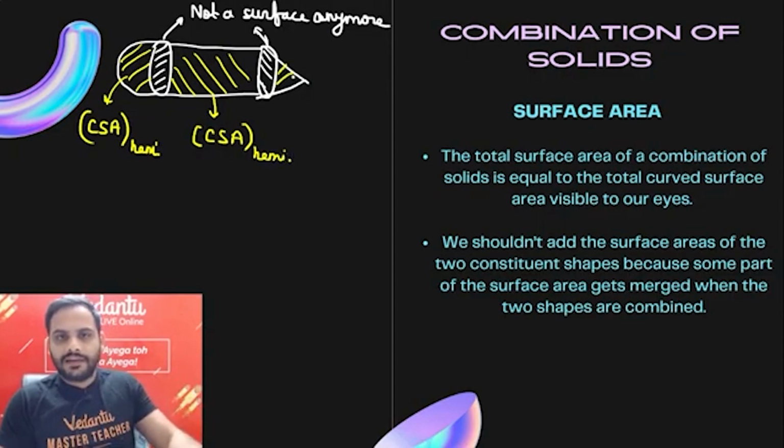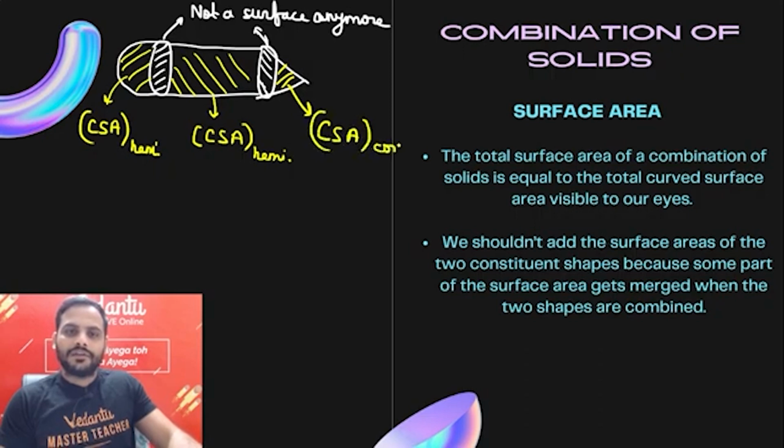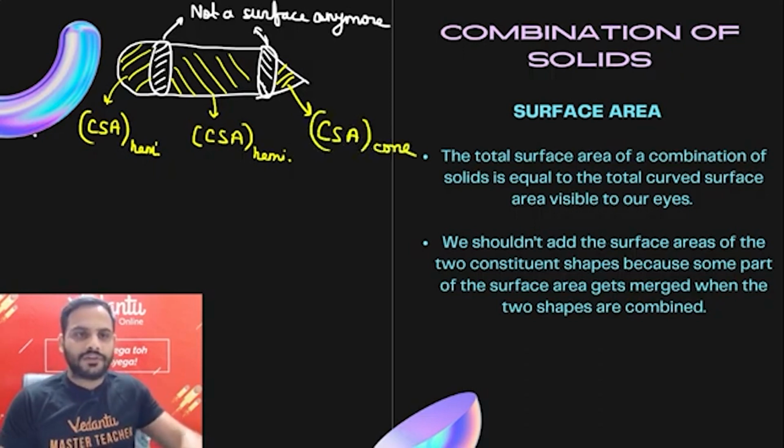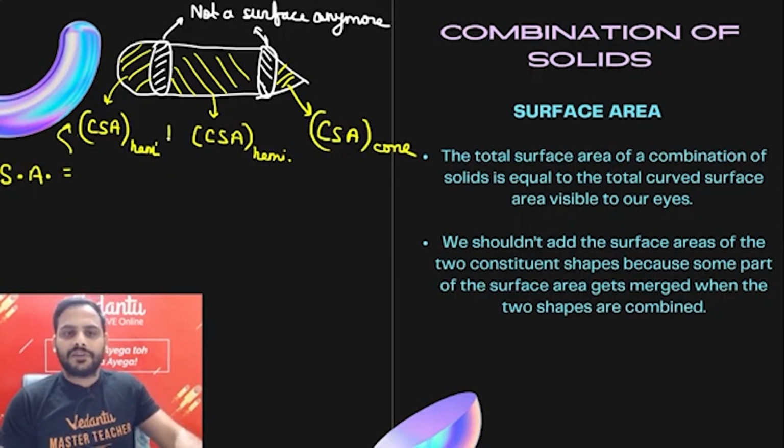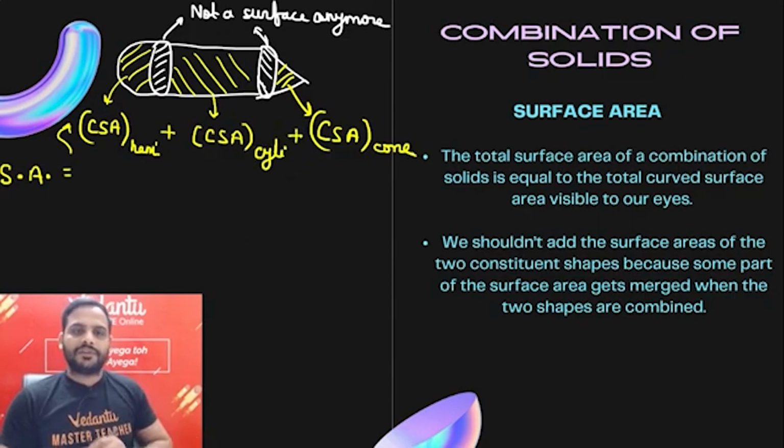And then I have the curved surface area of this cone. So the surface area of this solid will be equal to curved surface area of the hemisphere plus curved surface area of the cylinder. I wrote hemisphere by mistake; it should be cylinder. Plus curved surface area of the cone.